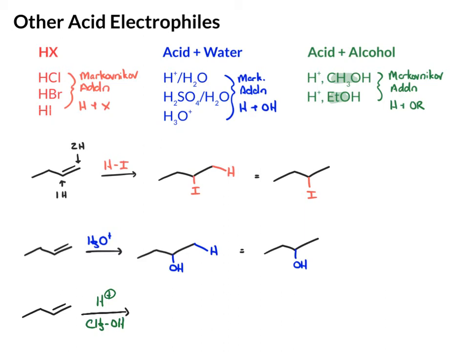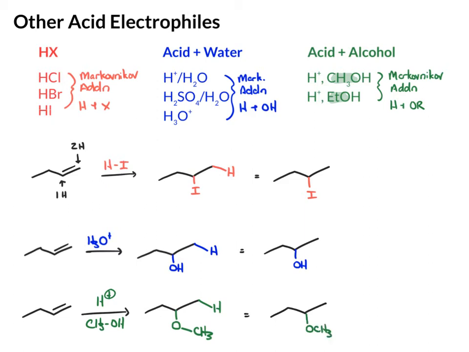And in the product, I end up with a hydrogen added to the less substituted side, and then on the more substituted carbon, I have O with a CH3 on it. And we get that product. Again, if you want to draw it without the hydrogen, that's completely valid. And you don't even have to draw the bond, we can just write OCH3.